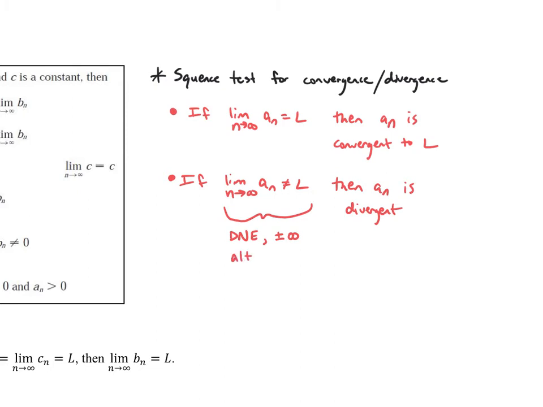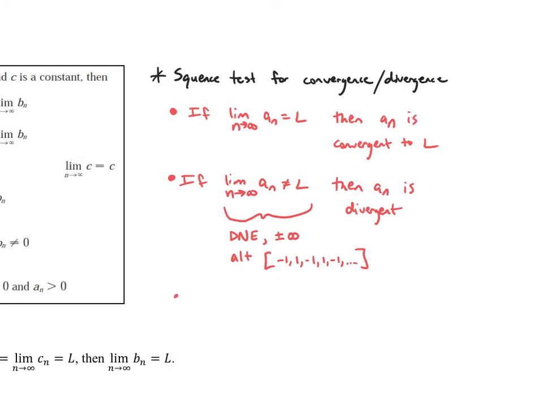Possibly you would have some sort of alternator, for example, -1, 1, -1, 1, -1, and so on, where the sequence just alternates forever. There's no real result in the end. And I'll give you some examples of that as well. In any of those cases, we would say that the limit as n goes to infinity of the sequence is not equal to a value, and therefore that sequence would be divergent. Okay, so that's what I would like you to do if you are facing the question, is the particular sequence divergent or convergent: number one, just take the limit and figure out what's happening.